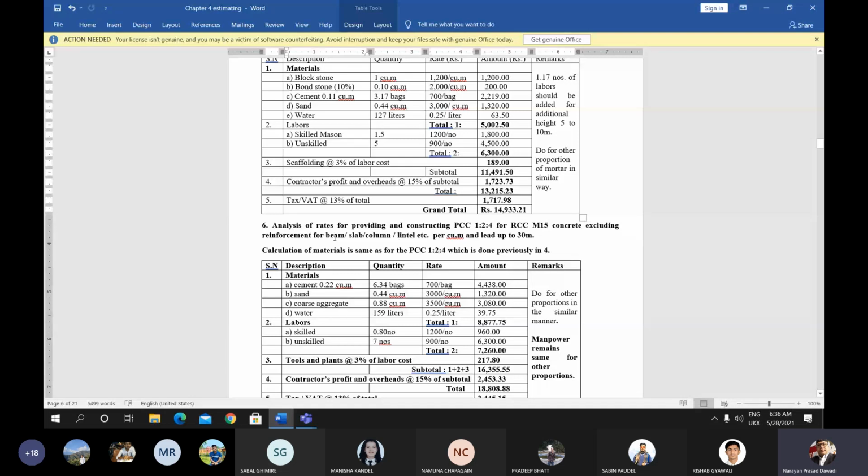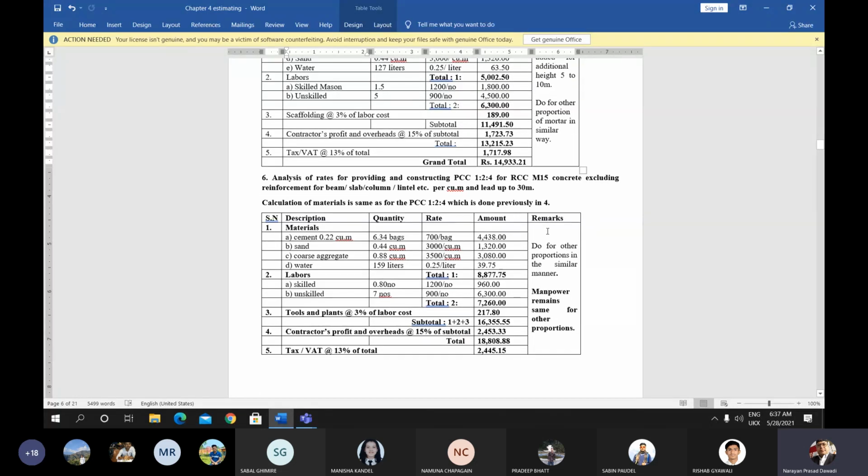The RCC work means it includes the reinforcement bar, but in rate analysis for the RCC work also the concrete portion is calculated separately, reinforcement portion is calculated separately, and the formwork portion is calculated separately. But this is only for the concrete portion of the RCC work. M15 means 1:2:4 proportion is called M15 concrete.